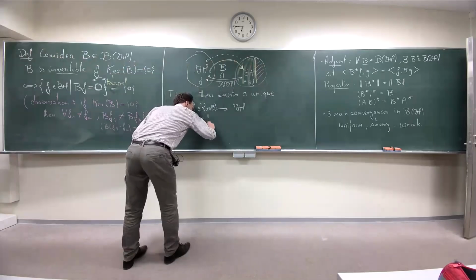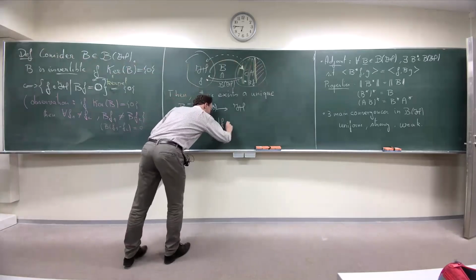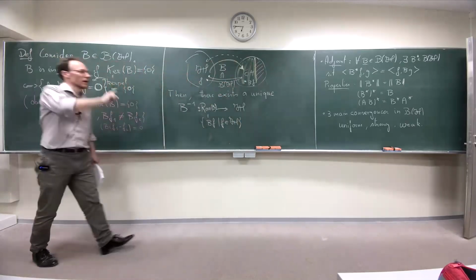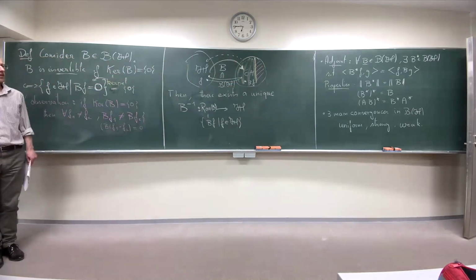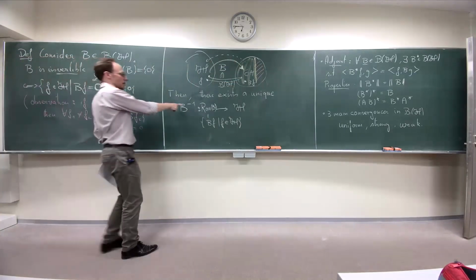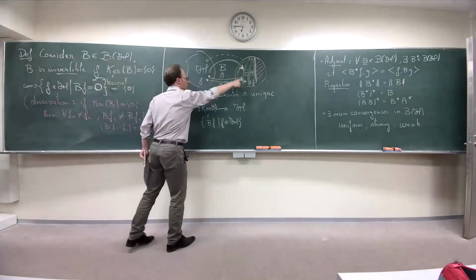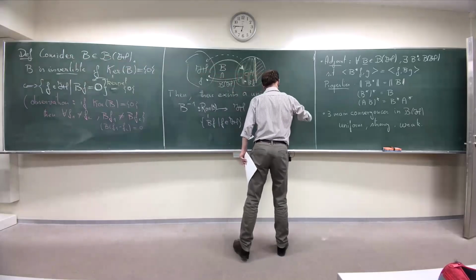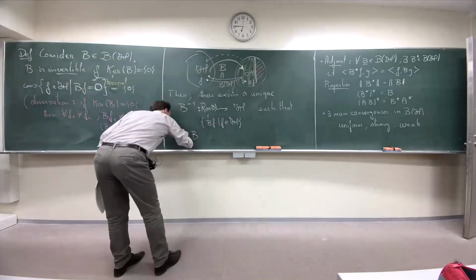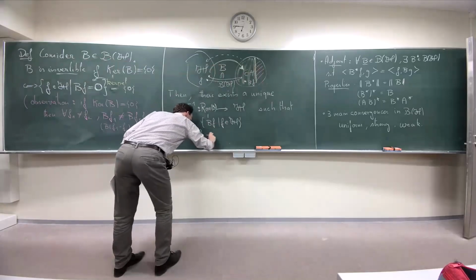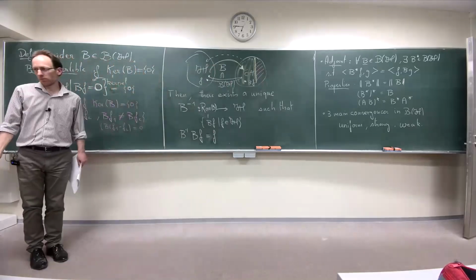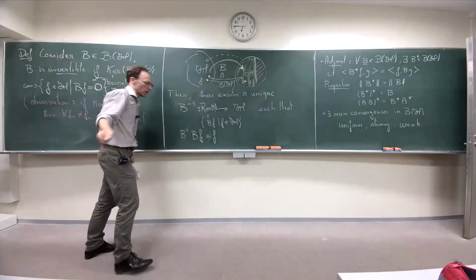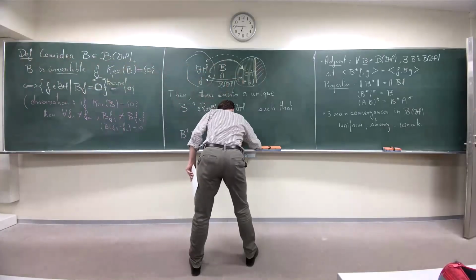It is the set of BF for any F in H, so all the elements which are the image of some F. So there exists a B minus 1 from this yellow part to H, such that when you start with B and then take B minus 1 of BF, you get F, which means you go from here and come back. You're back to F for any F in H.